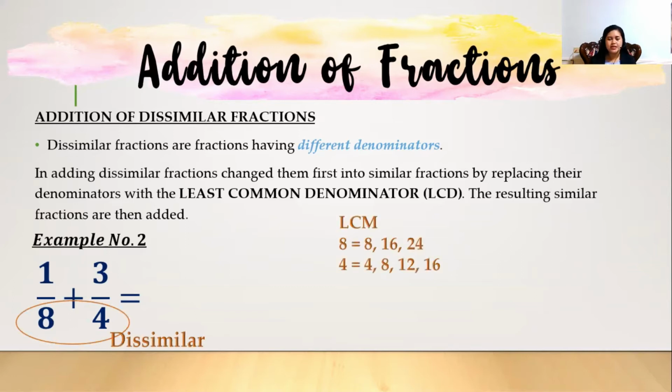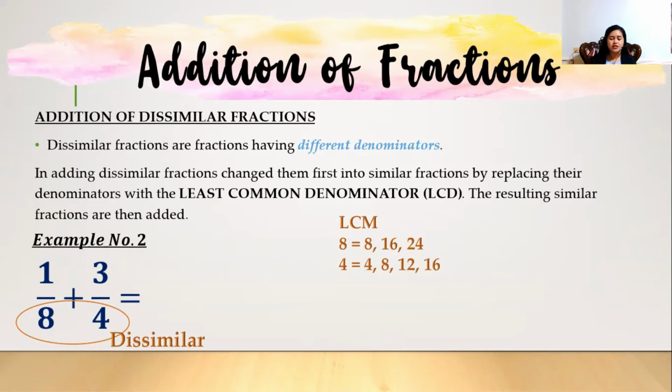LCM stands for least common multiple, meaning we are going to look for the multiples of our denominators. For this example, our denominator 8 has the following multiples: 8, 16, and 24.